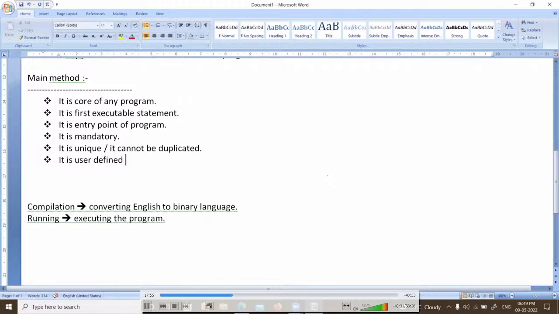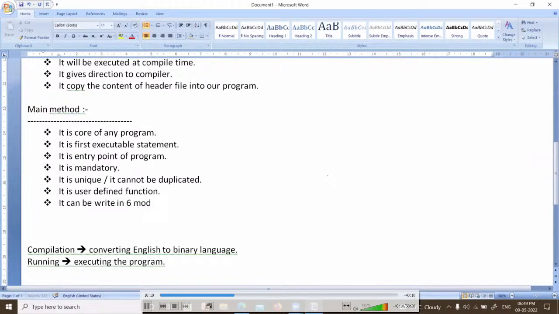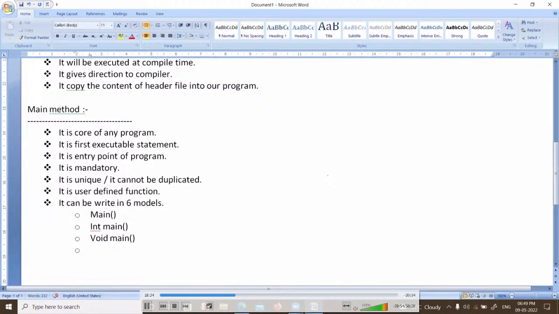We can write the main method in 6 formats, or 6 models. The first model is you can write just main. Or you can write int main. Or void main. Or main of void.